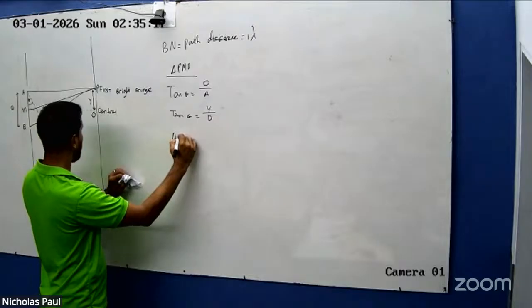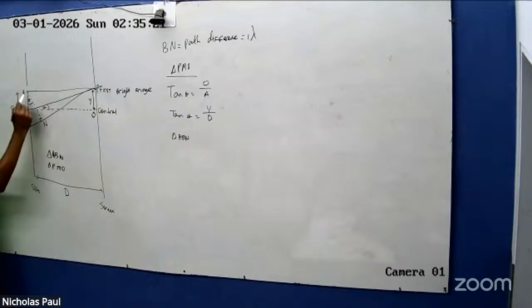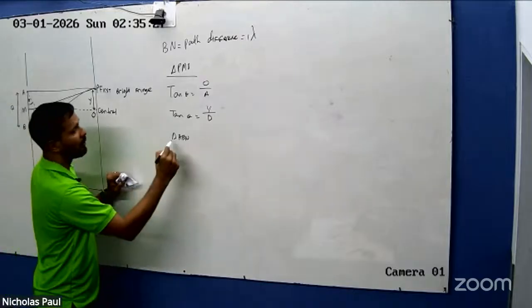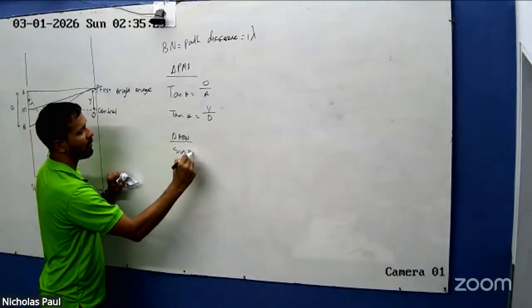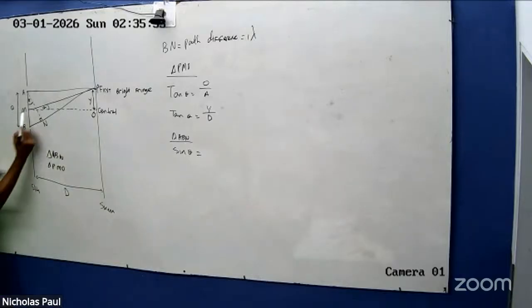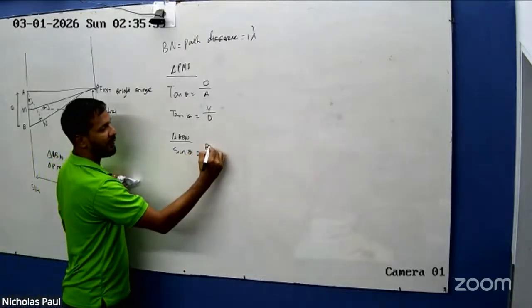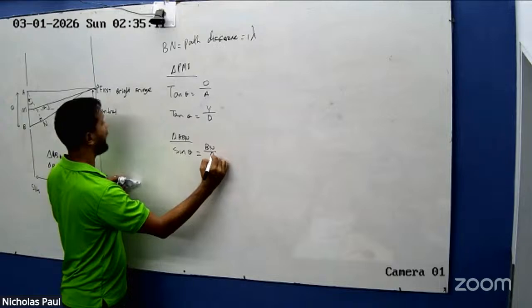Next, triangle ABN. Can we find sine theta? Sine theta is opposite over hypotenuse, so it's BN over AB.